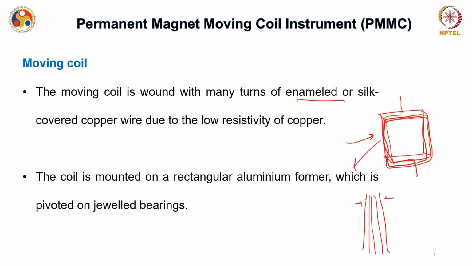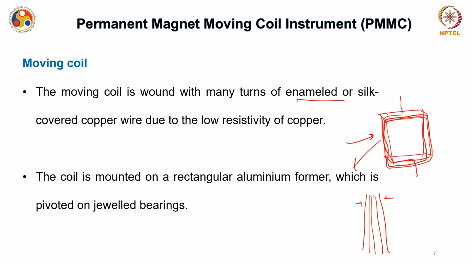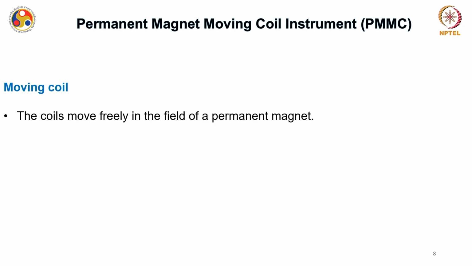When they are very close to each other, of course there is a chance of shorting, and that's why they are mostly covered. And this is coiled upon a metal former which is an aluminum former. Now this coil is mounted, as I have mentioned, on a rectangular former which is pivoted on a jewel bearing. This coil moves freely in the field of a permanent magnet.